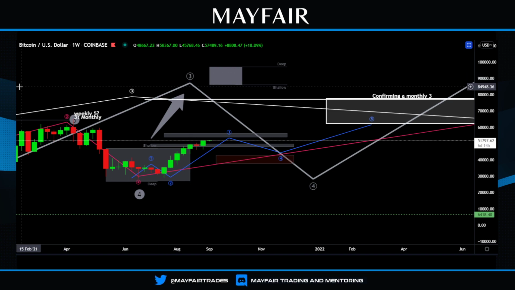Now the 3 was the monthly 3 that I've just discussed, and I get the impression that it's actually going to come a little bit lower given the current Fibonacci extension. So, going all the way back to March, looking at a move up from 85 to around 100,000 made a bit more sense then.